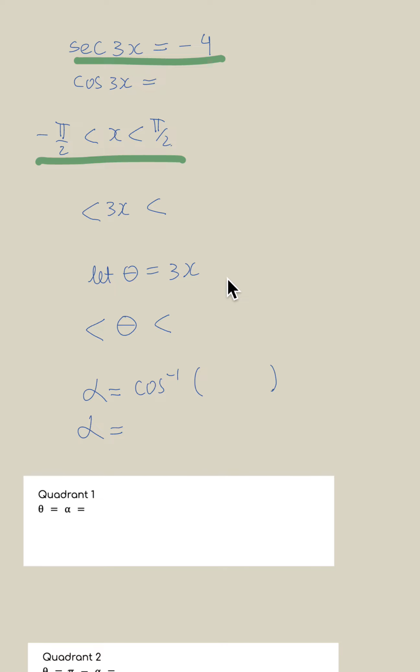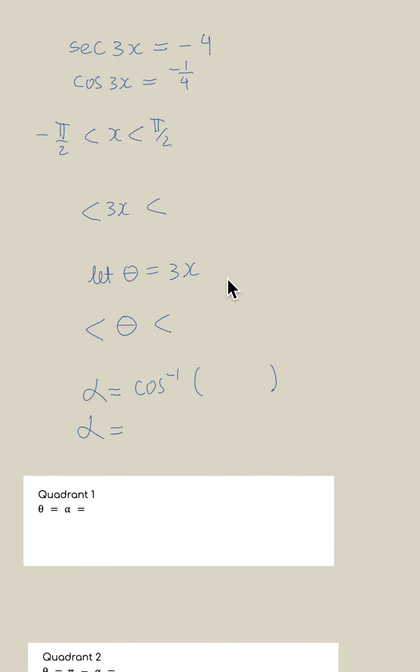So let's do this. If you remember, secant is the inverse of cosine, one over cosine. So if secant 3x is negative 4, cosine 3x will be negative 1 over 4.